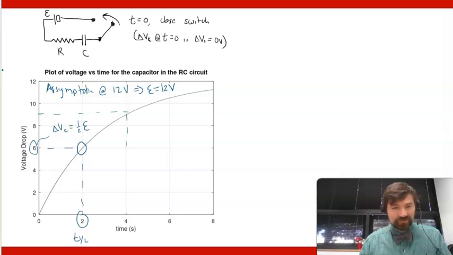And sure enough, 3/4 of the way there happens at 4 seconds. So T 1/4, basically this is 9 volts, 9 volts being 3/4 of 12 volts equals 3/4 of the EMF.